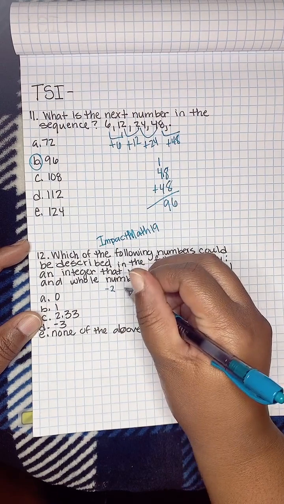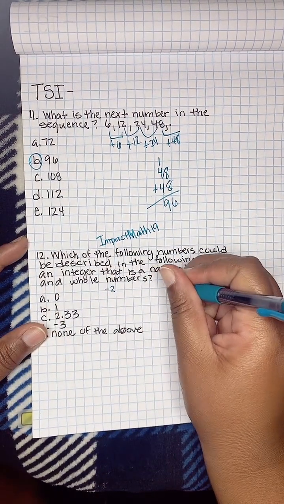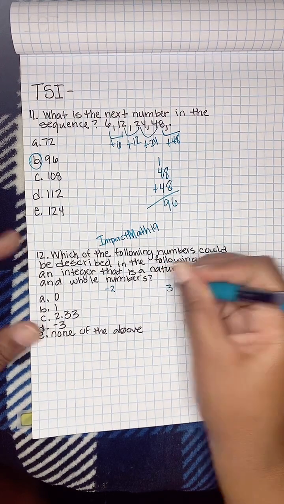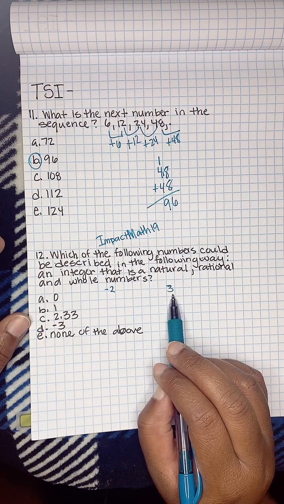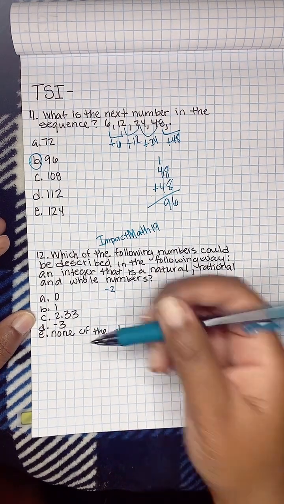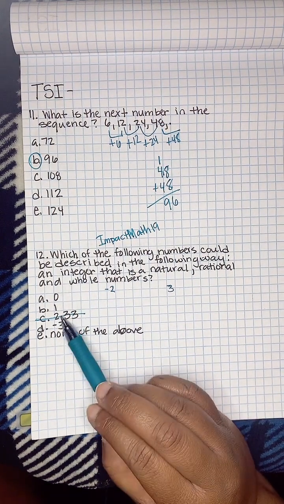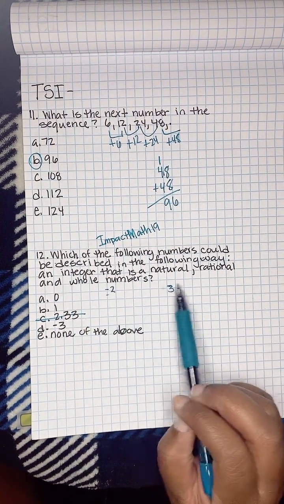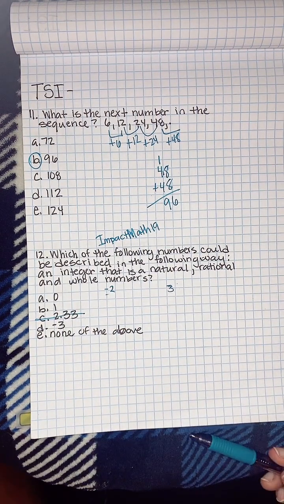So we can say -2, all the way from negative infinity up to positive, like let's say +3. This is what an integer is called. So if it's an integer, C is not it, because integers are whole numbers that are positive and negative, and they can't be decimal.